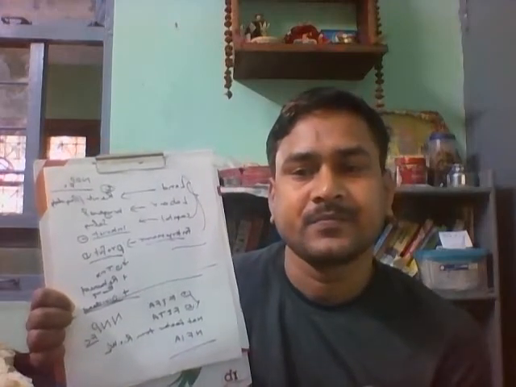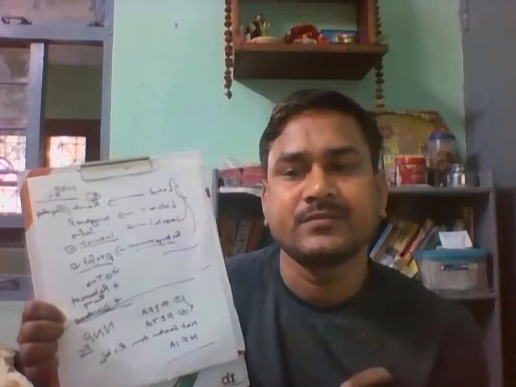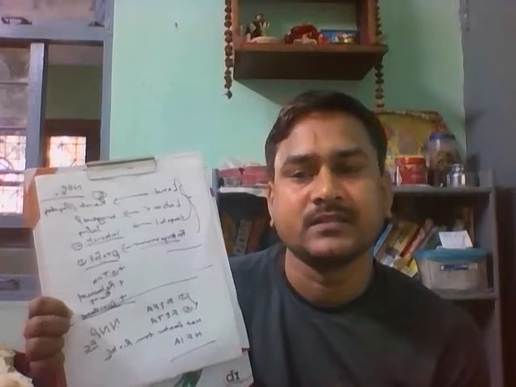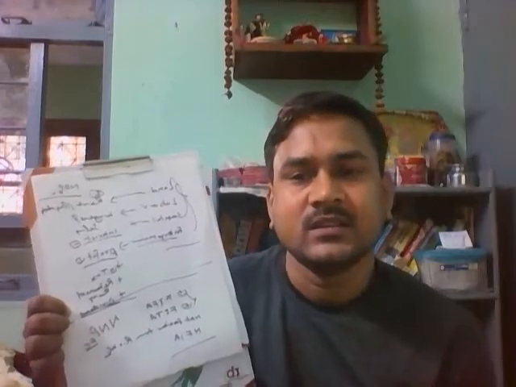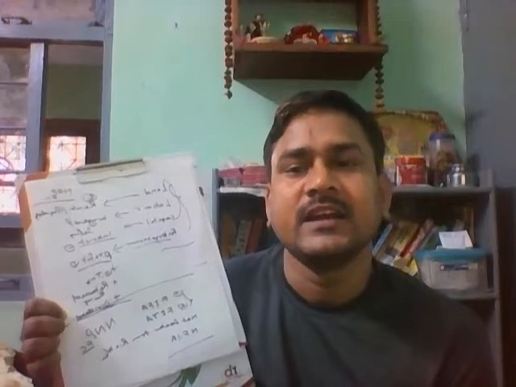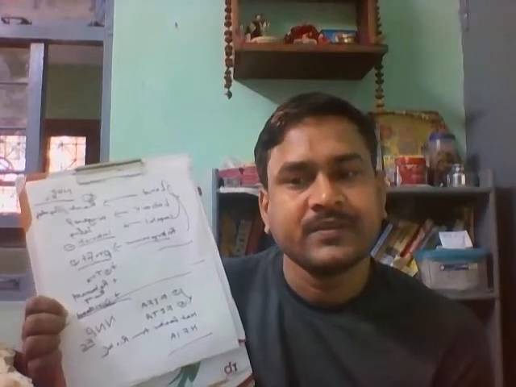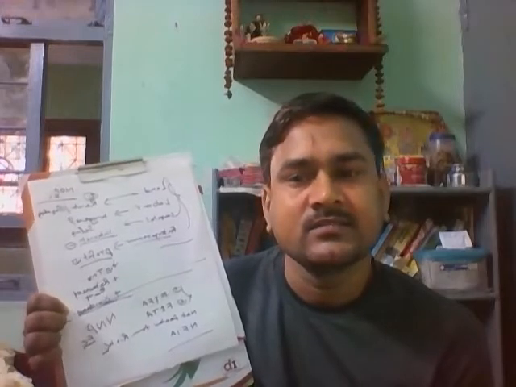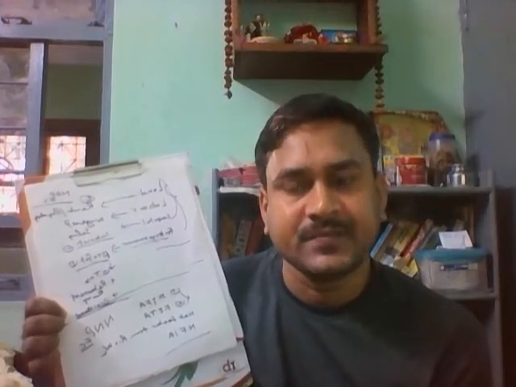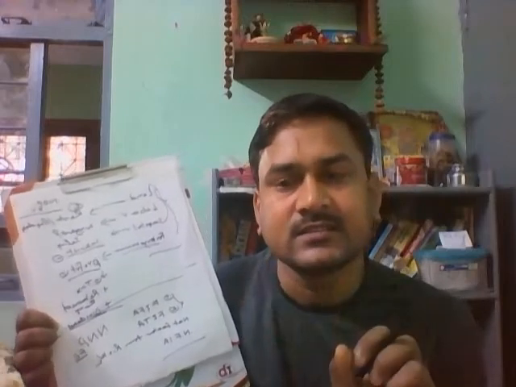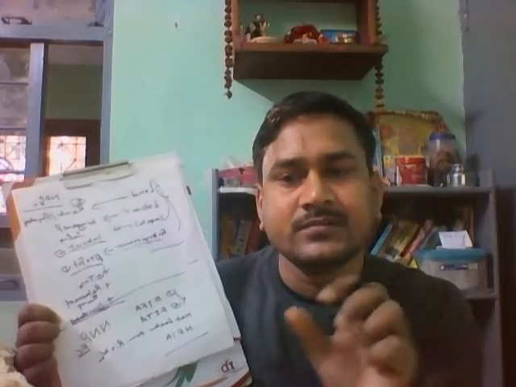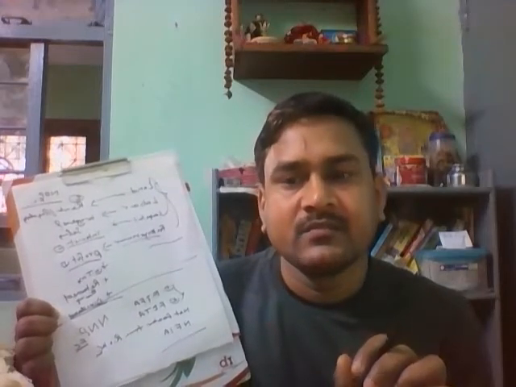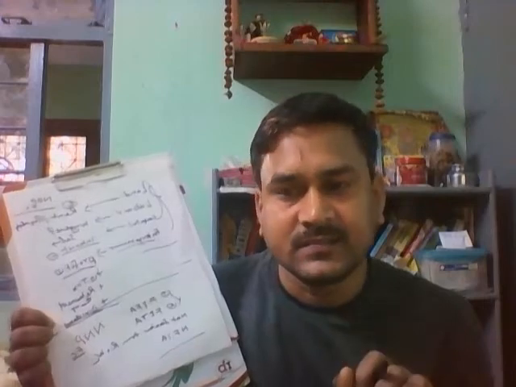The difference between the value at factor cost and market price is NIT. NIT means net indirect taxes. NIT is equal to indirect tax minus subsidy. If we subtract subsidy from indirect taxes, we get NIT.